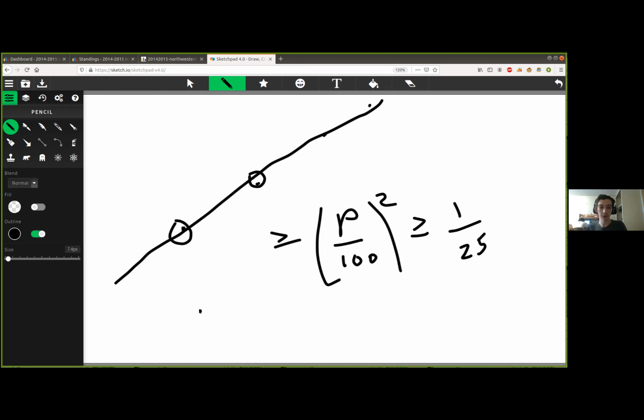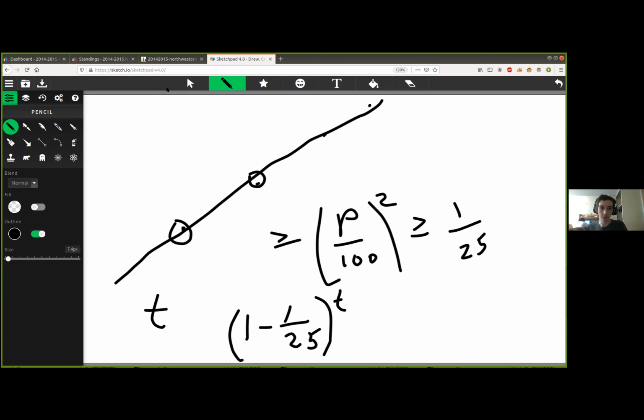So what we can do is take a bunch of samples of pairs, let's say we do it t times. Then what's the probability that they all fail? It would be 1 minus 1/25, and they would have to fail every single time, so to the power of t.